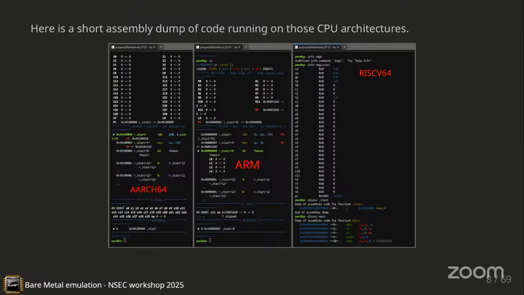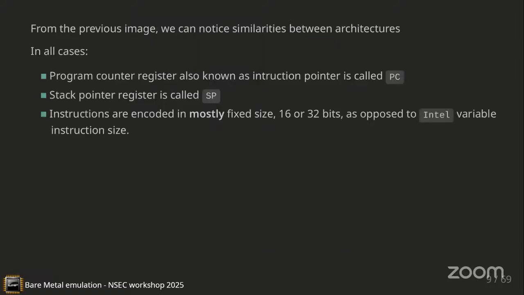Again, there are exceptions, but we will see mostly regular instruction sizes. It's different from Intel, which uses variable instruction size, so I think working in assembly on these architectures is easier than on Intel. This slide we covered already. Any questions so far about registers and CPU architectures?